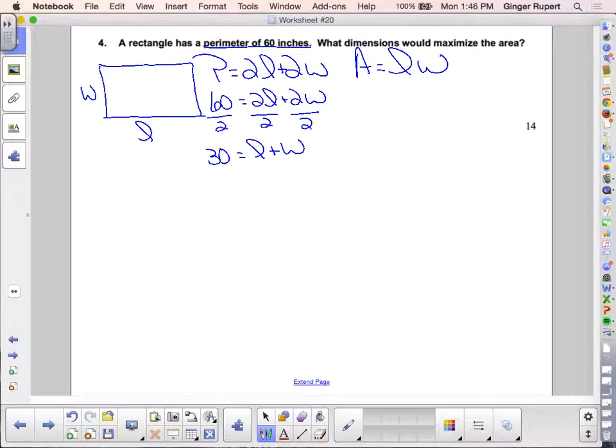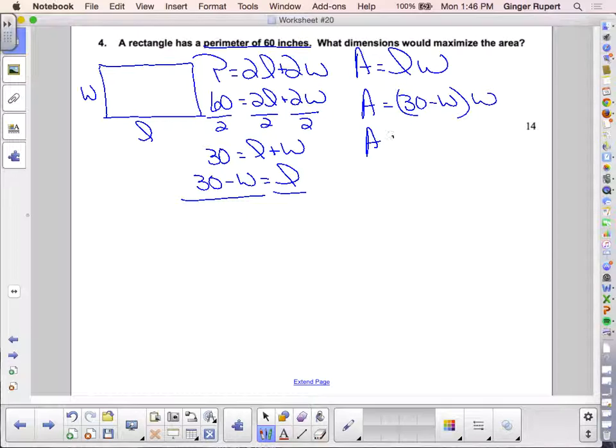So solve this for either L or W. So 30 minus W equals L. So now, wherever I have an L, I can substitute in this 30 minus W. So the area is equal to 30 minus W times W. Gives me an area of 30W minus W squared.